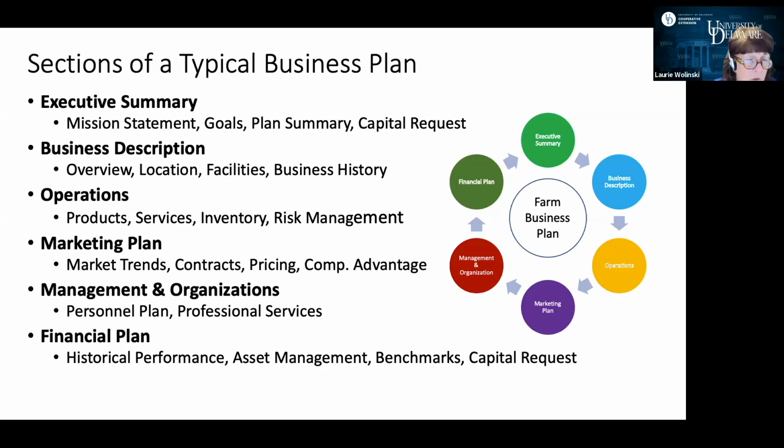And then you describe the management and organization of the personnel plan, professional services, and finally a financial plan that illustrates your historical performance, talks about your asset management, do you have benchmarks, and do you have a capital request?